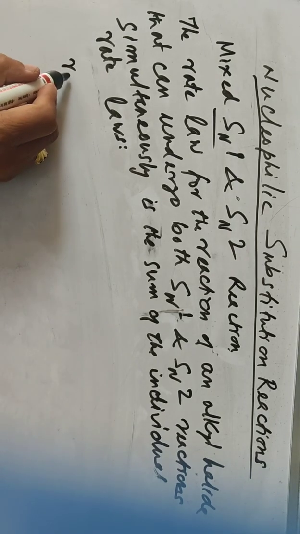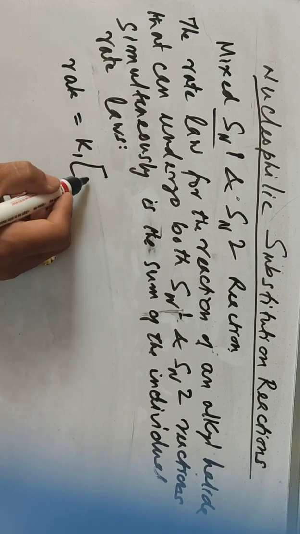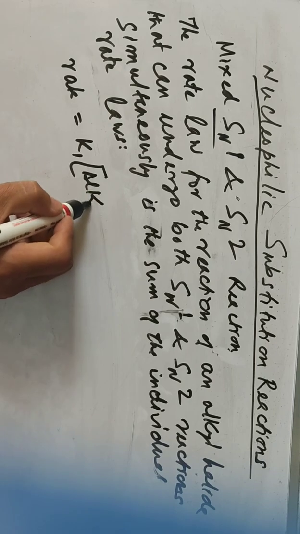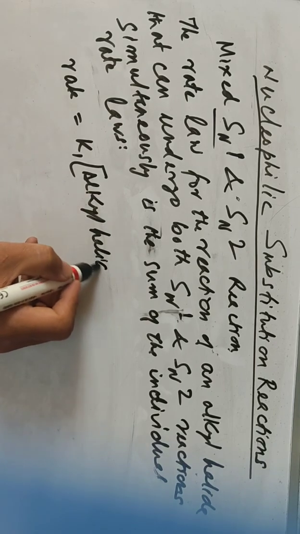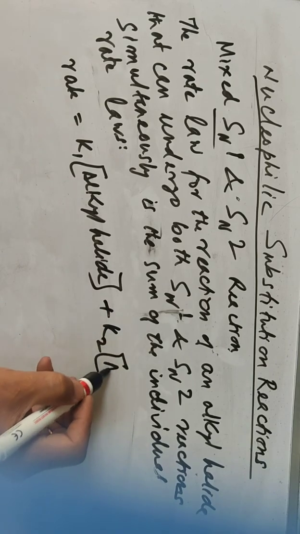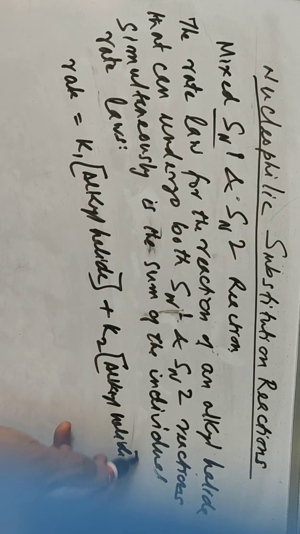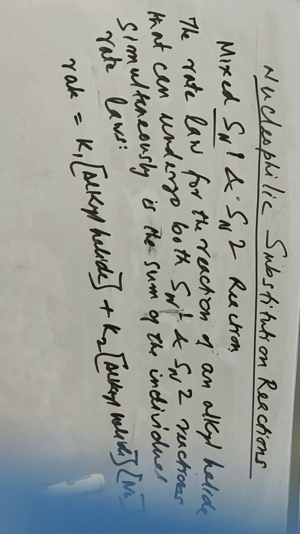So rate = k1[alkyl halide] + k2[alkyl halide][nucleophile]. The first term is from the SN1 and the second is from the SN2. So for the mixed SN1 SN2 reaction, the rate law is like this.